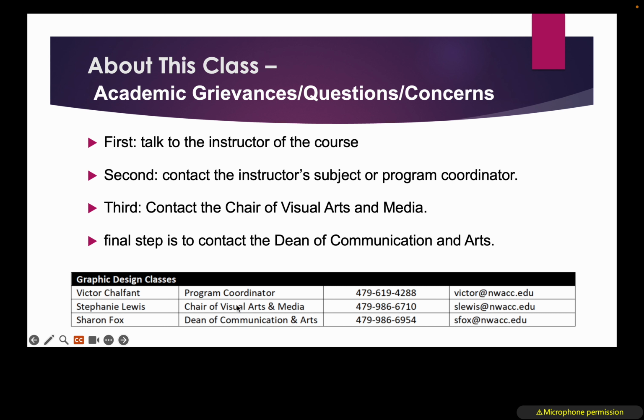If the issue still hasn't been solved, you can contact Stephanie, who is the chair of Visual Arts and Media. And lastly, contact Sharon, the Dean of Communication Arts. This information is also listed in the syllabus. You can go back to check it at any time.